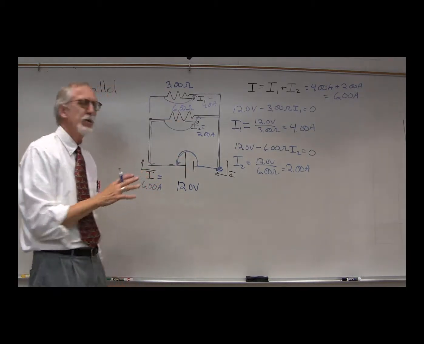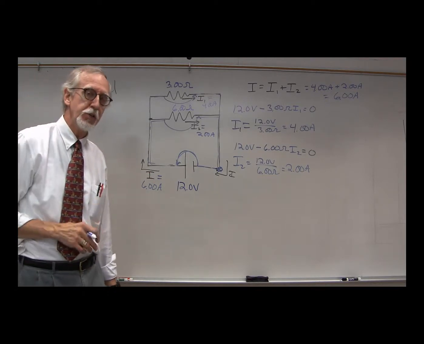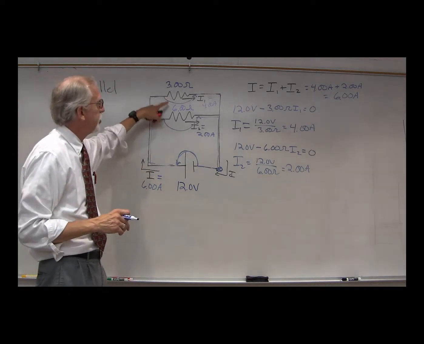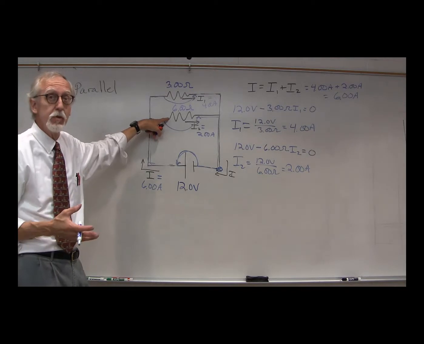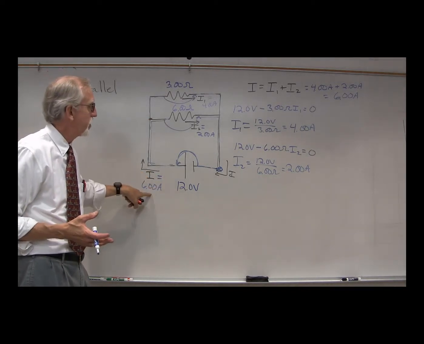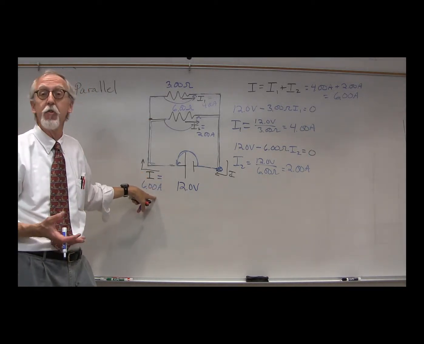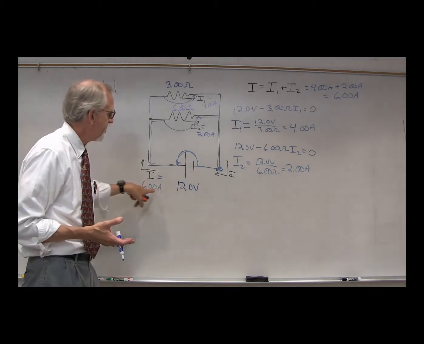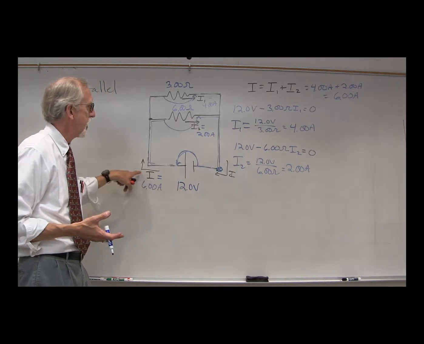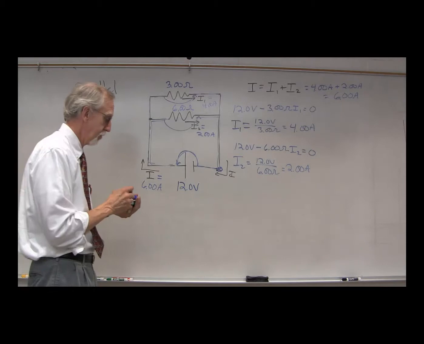Now, can we do a similar trick that we did with the series circuit? Can we replace these two resistors with a single resistor that would give rise to the same output for the power supply? That would give us the same voltage and total current. Well, let's try that.